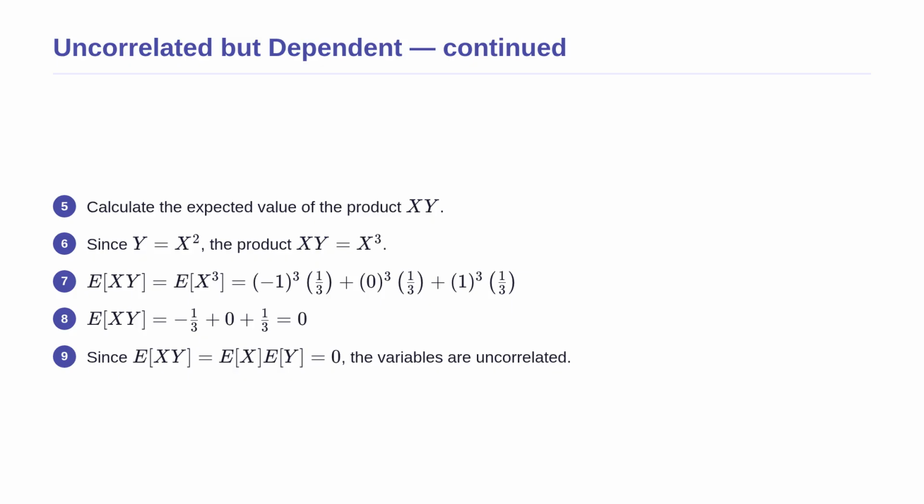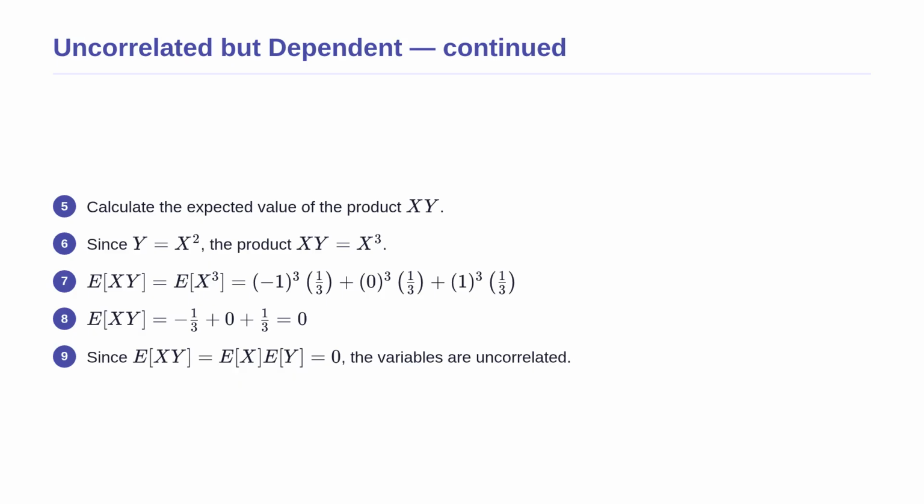Moving forward with our calculation, we need to find the expected value of the product x times y to check for correlation. Since y is defined as x squared, the product x times y is actually x multiplied by x squared, which gives us x cubed. We calculate the expected value of x cubed using the exact same probability weights as before.